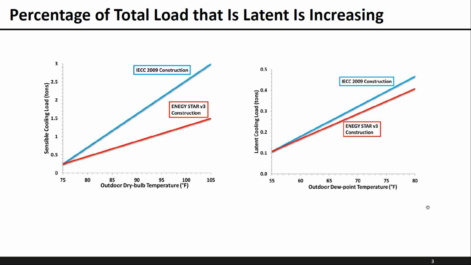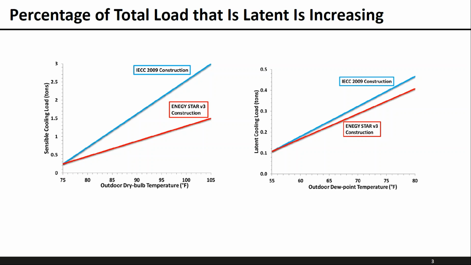To put it in a similar way, not only is the relative importance of the loads changing, but the breakdown between sensible and latent is changing as well. And so the plot there on the left shows two house construction types, an IECC 2009 home and also an Energy Star version 3 compliant home, and shows the sensible load as a function of the outdoor dry bulb temperature.